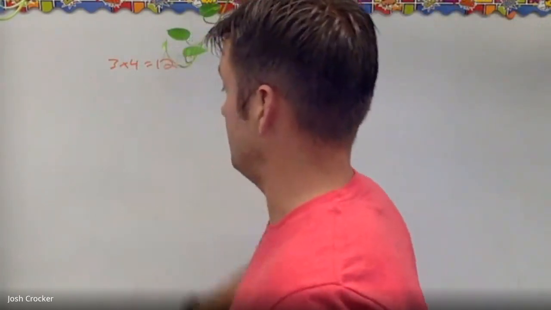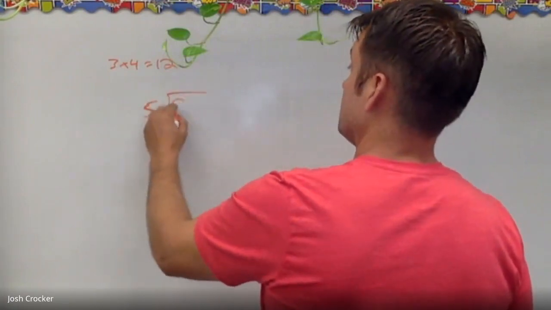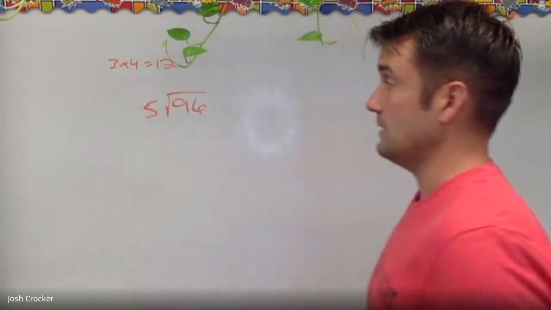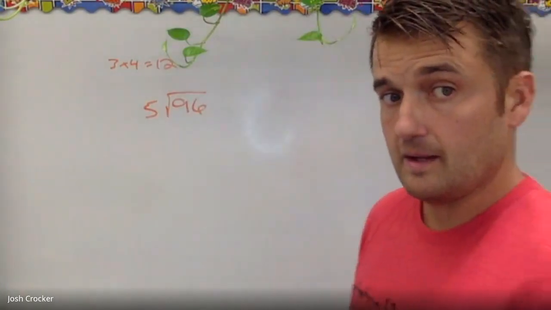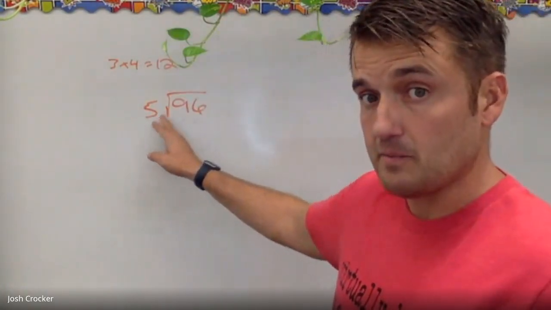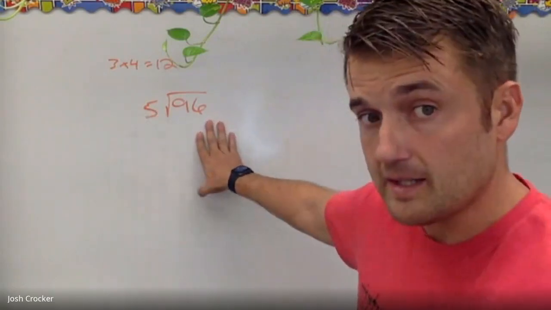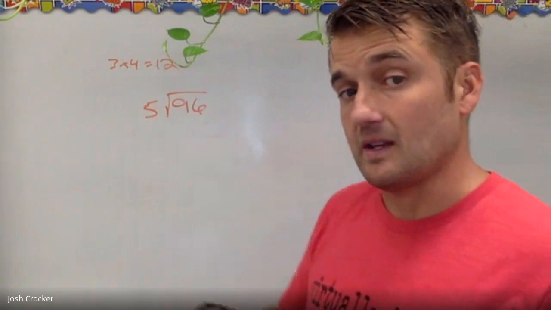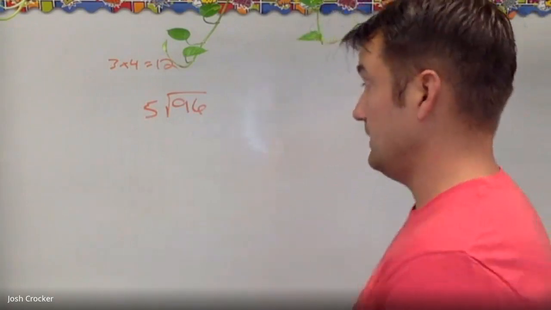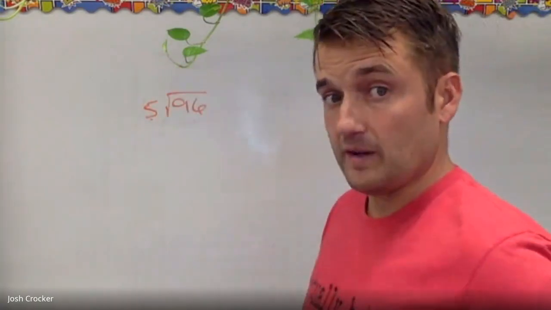Let's look at another one. 5 into 96. Again, the first number in the dividend here, 9, is bigger than this number. So I don't have to think about 96 yet. I can just think about 9. I'm just going to do 5 into 9. How many times will 5 go into 9?